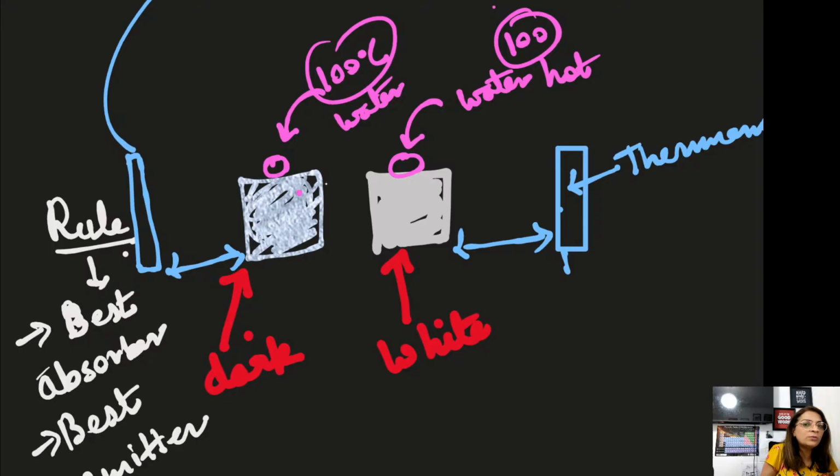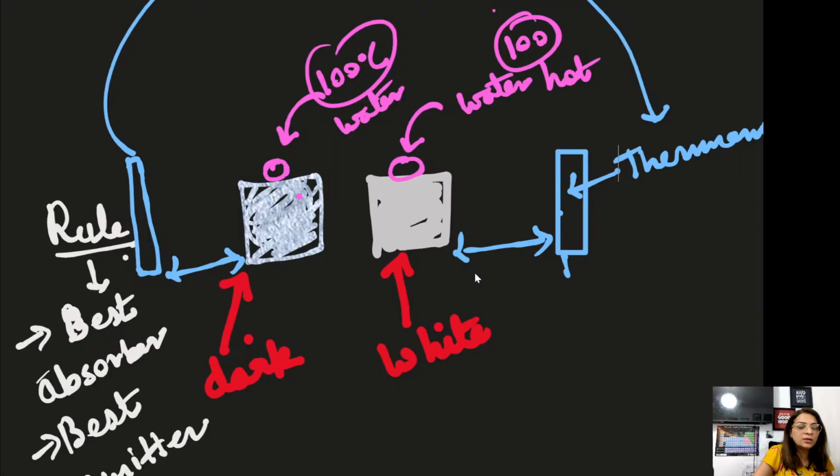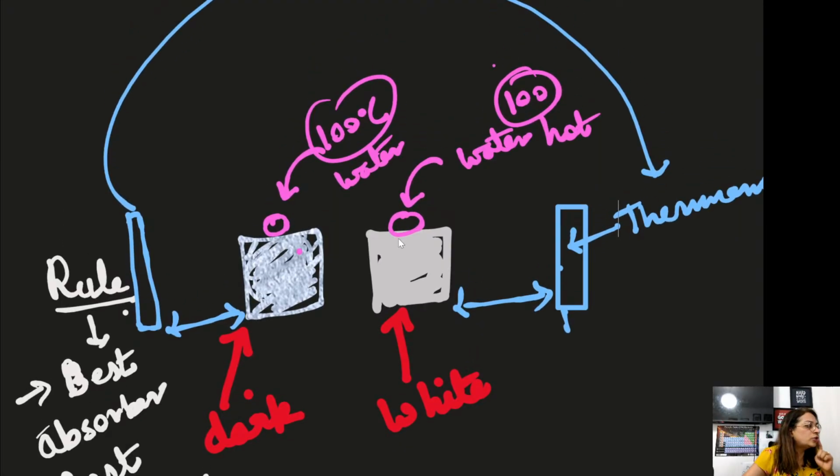Tell me which thermometer will increase in temperature the most. The thermometer with the dark object or the thermometer with the light or white object, a white cube? Type in the chat. Whose temperature rises most with the dark? Why is dark? Why will the dark increase the temperature most?